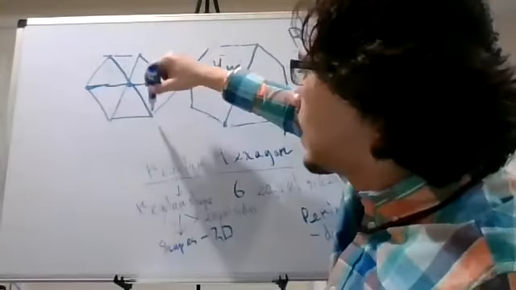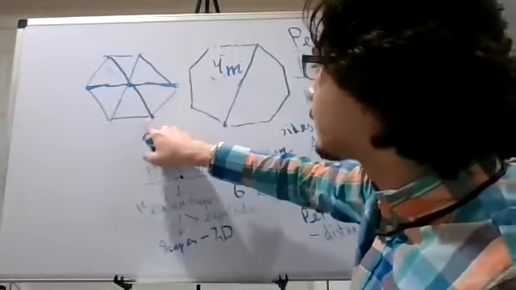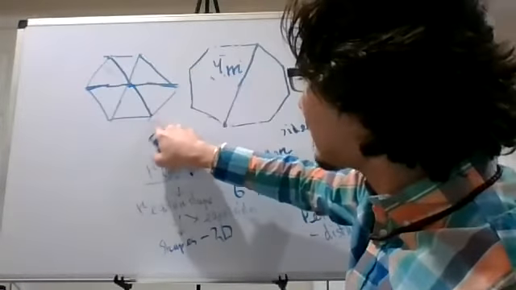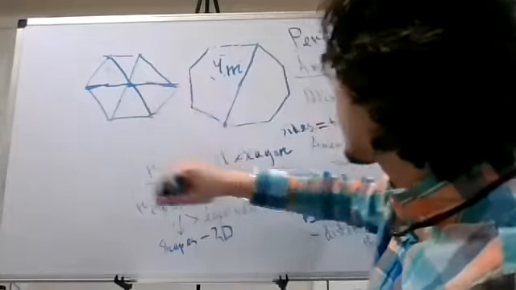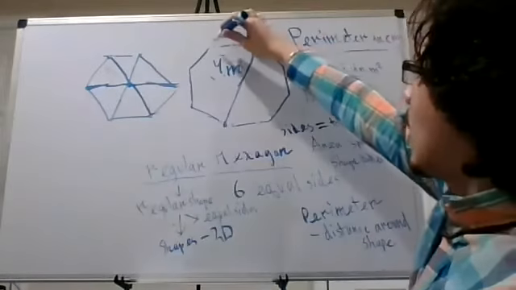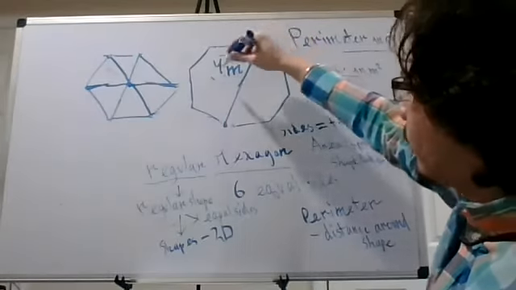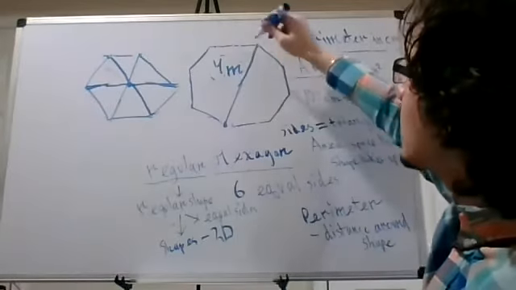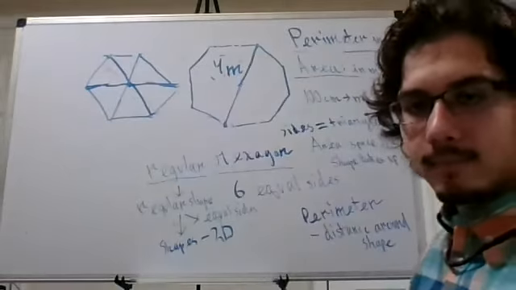So each corner gets drawn to the opposite side. And similarly to this, in our original problem, we can see that the 4-meter long line we are given is drawn from one corner to the opposite corner in the same way.